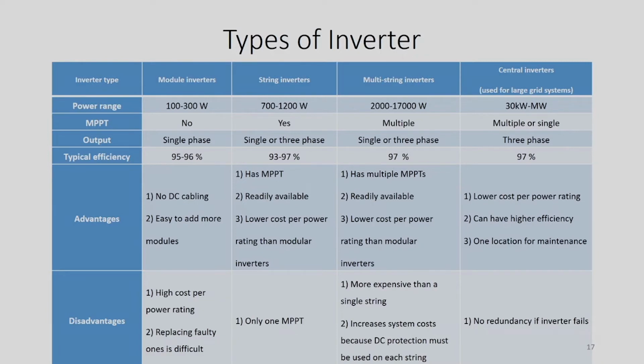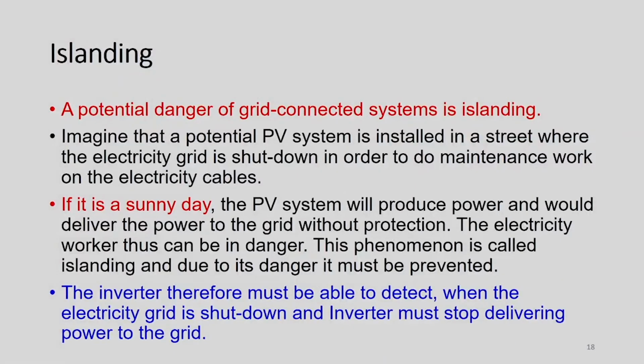Now, let us understand what islanding is, why it is so important, and why this component needs to be attached to an inverter. A potential danger of grid connected systems is islanding. Imagine that a PV system is installed in a street where the electricity grid is shut down in order to do maintenance work on the electricity cables.